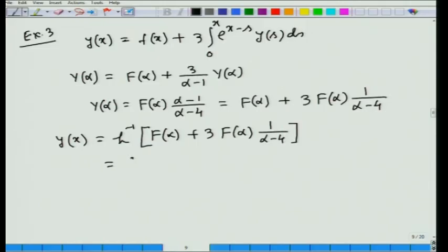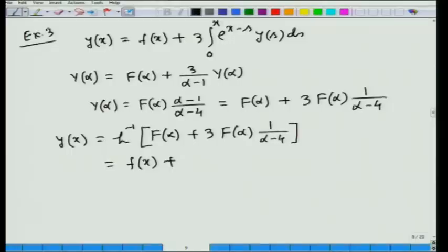So, this is equal to f(x), because we have denoted the Laplace transform of f(x) by capital F(alpha). So, the inverse Laplace transform of capital F(alpha) will be f(x), plus 3 times the convolution of e to the power 4x with f(x).